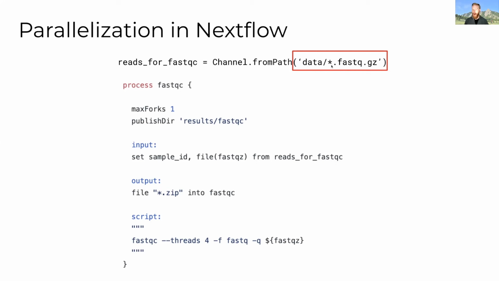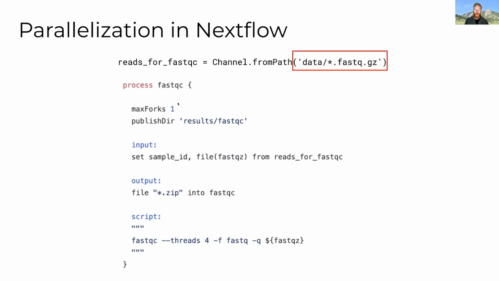So if we have, let's say, 10 FastQ files in this data directory, then this would run 10 FastQC processes at the same time. However, that would only work if we set max forks to 10. So this is what a process looks like in Nextflow.